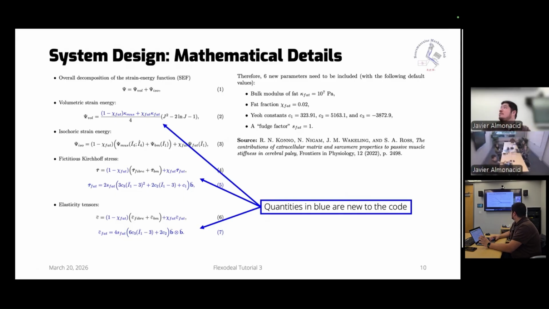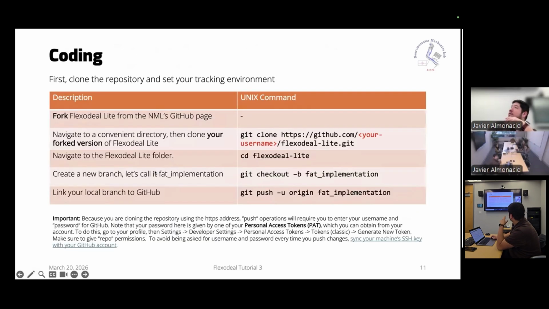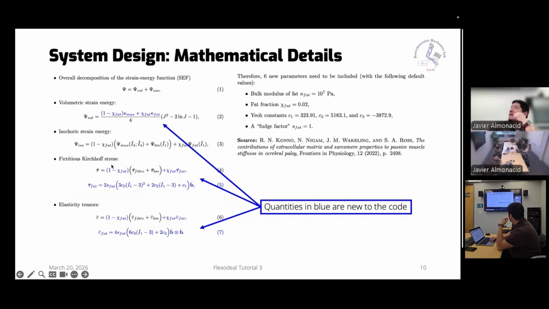But more importantly, the stresses are the things that we need to include. The stresses for fiber and for base material are already in the code. But we need to add these terms, right? And of course, we need to define the Kirchhoff stress for fat, and the expression is given over here.